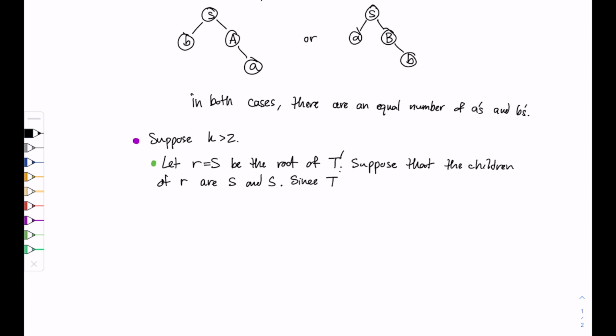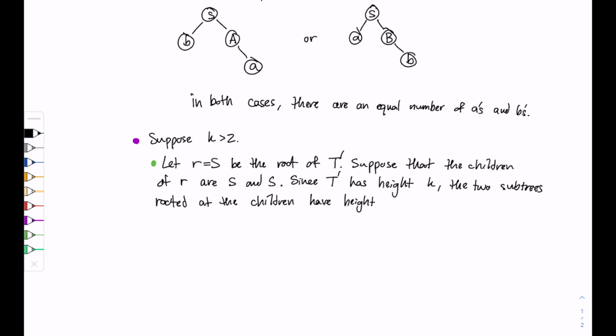So since T prime has height k, the two subtrees rooted at the children have height strictly less than k.